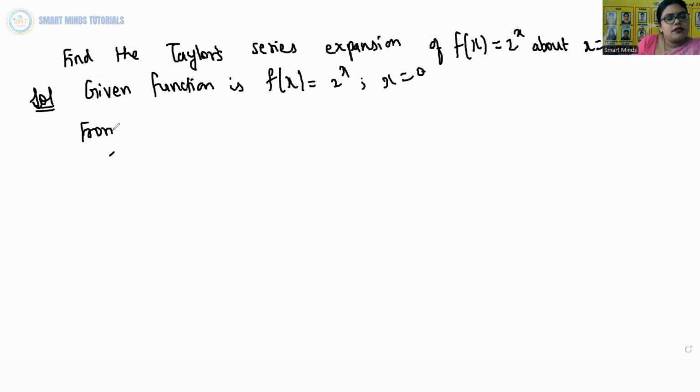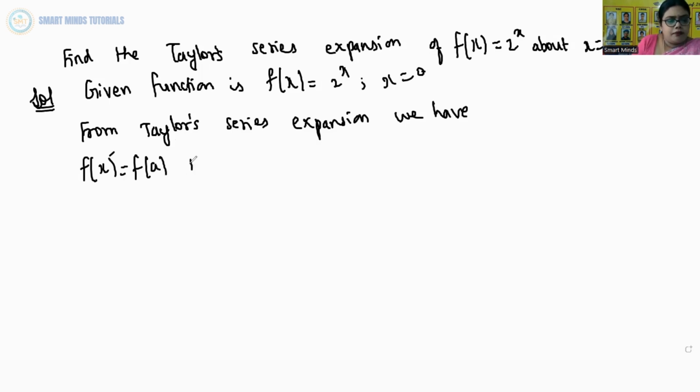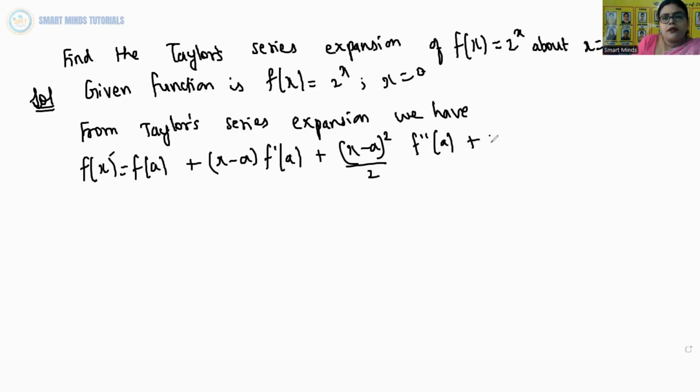Now what is the Taylor series expansion? We have learnt in the last class, right? So from Taylor series expansion, we have f of x equals f of a plus x minus a f dash of a plus x minus a whole square by 2 factorial f double dash of a plus x minus a whole cube by 3 factorial f triple dash of a plus so on.